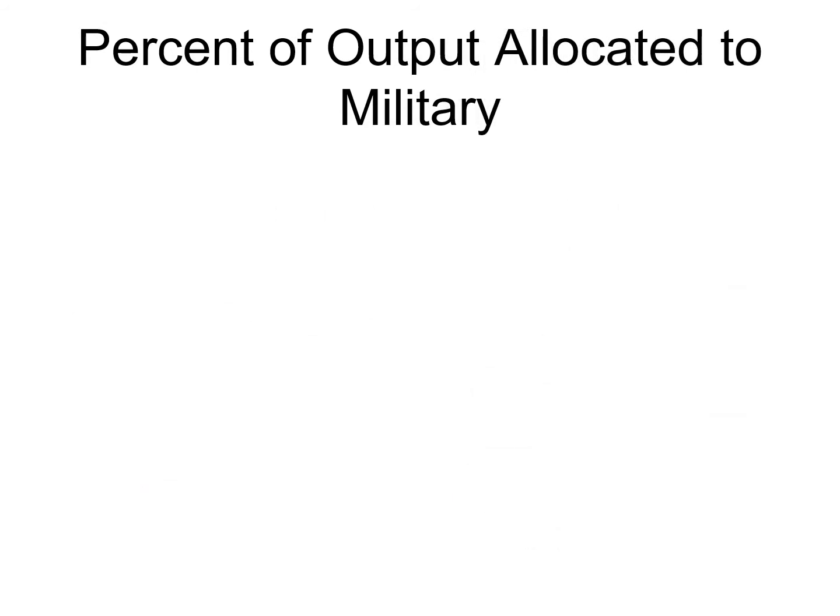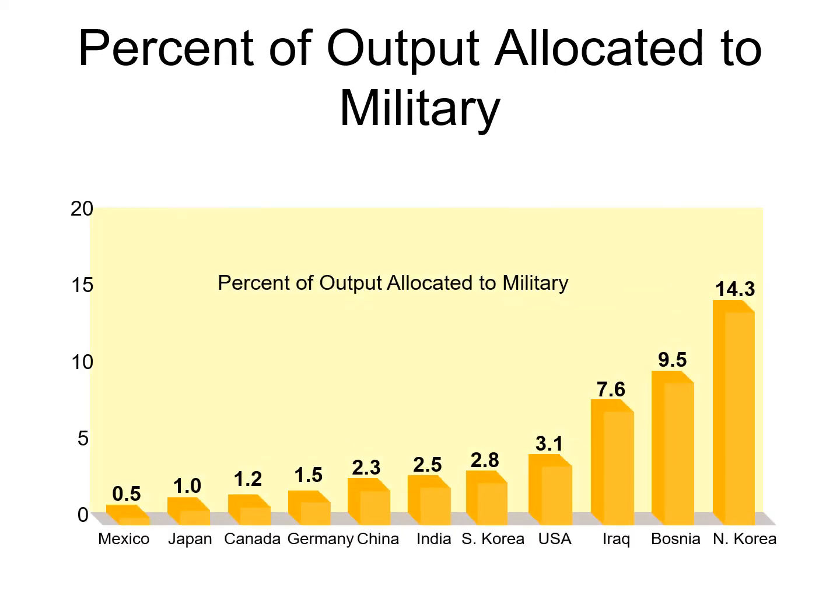In addition to analyzing military spending as a percentage of total economic output for the United States, we can perform the same exercise for a host of countries. That's what this chart demonstrates to us, and it helps us make some economic conclusions about the cost of military spending.